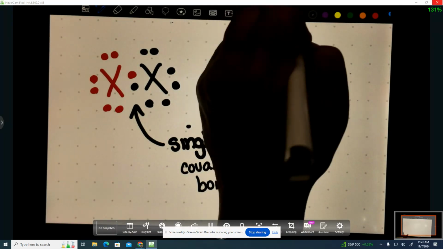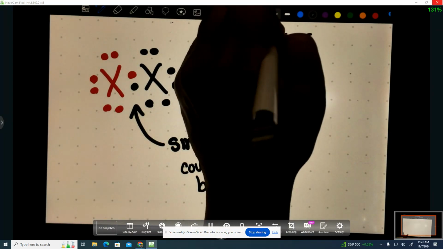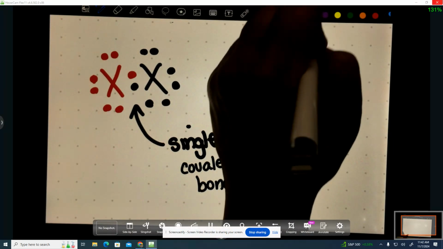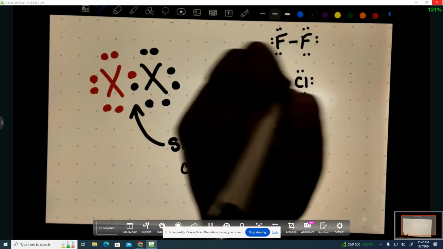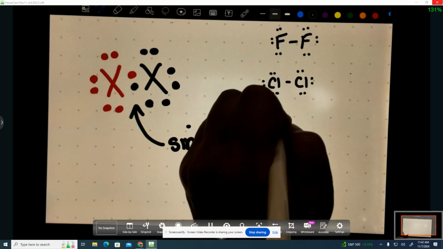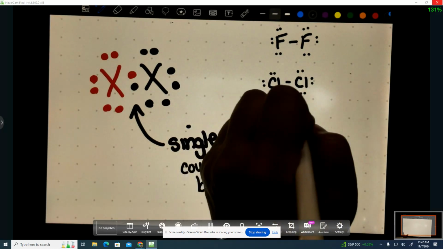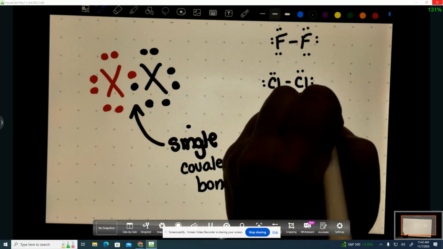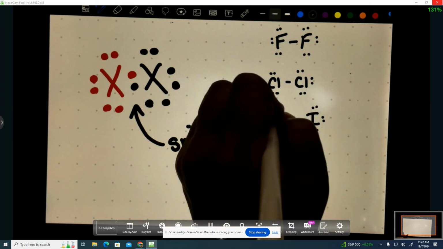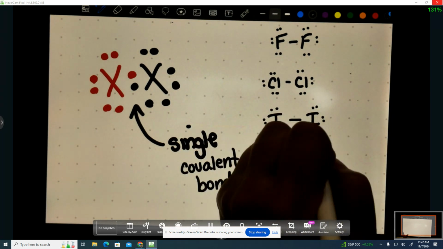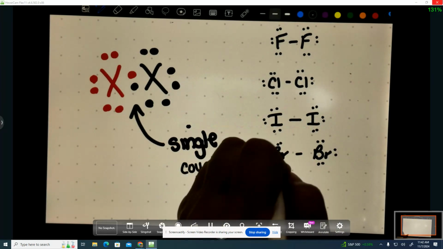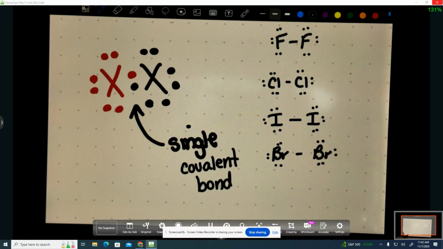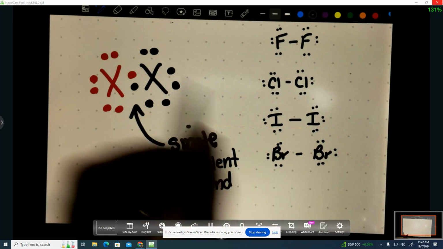So we can have F going to F. We can have Cl going to Cl. We can have I going to I. And we can have Br going to Br. They all have a single covalent bond.